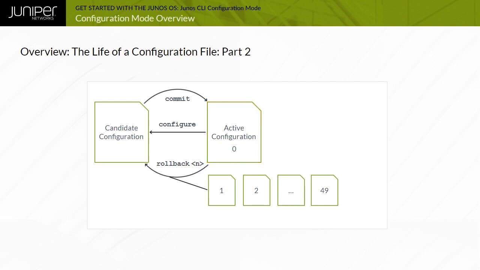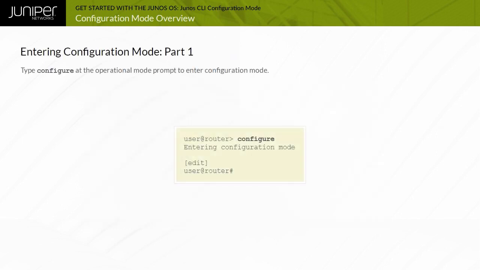If you perform a rollback operation, keep in mind that the related configuration does not become active until you issue a commit command. When you issue a commit command and 50 rollback configurations exist, the software purges the last rollback configuration, rollback 49.